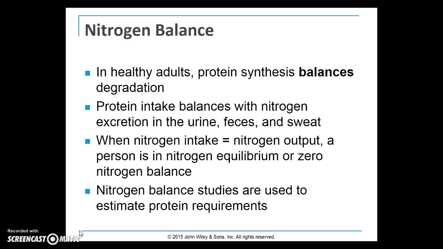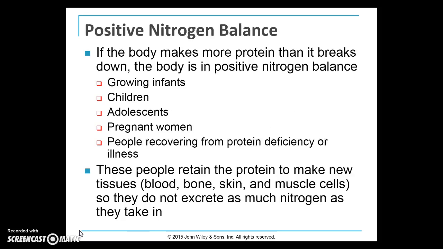So it's usually a balance of nitrogen intake versus output, and we want a zero equilibrium. There are some nitrogen balance studies that are used to estimate protein requirements, but that's not commonly done unless you're in an inpatient setting.